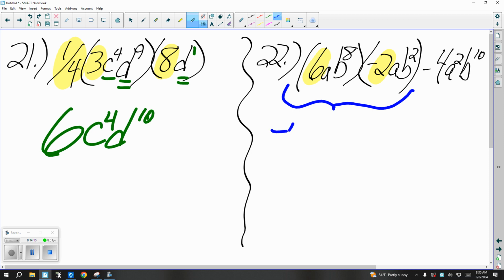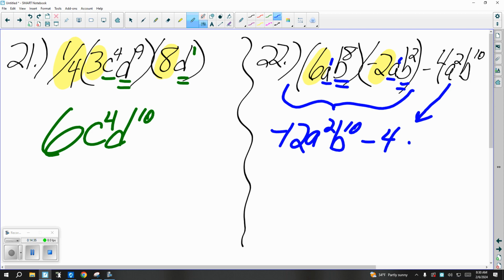-12, and then it's a to the 1st and a to the 1st, which is a to the 2nd, and then b to the 8th and b to the 2nd, which is b to the 10th. And then this guy's just going to drop down, -4a squared b to the 10th. Hey, look at that. What a coincidence.